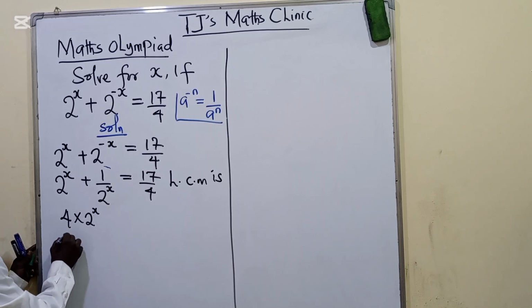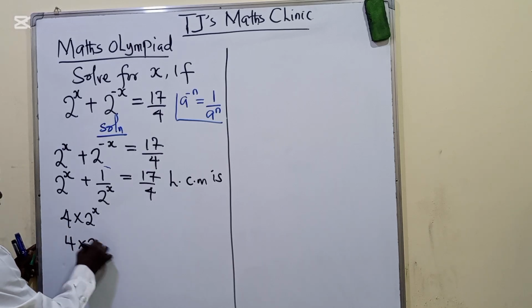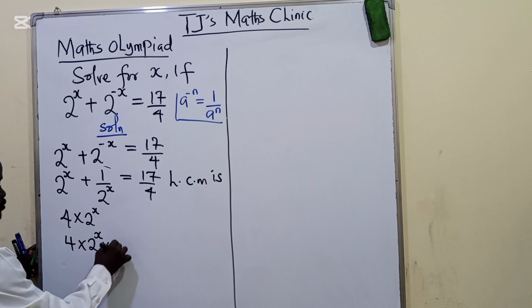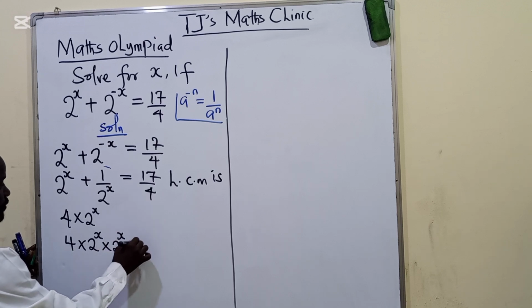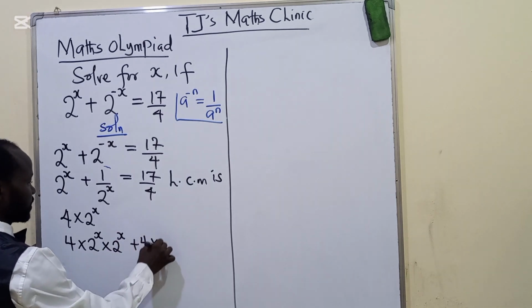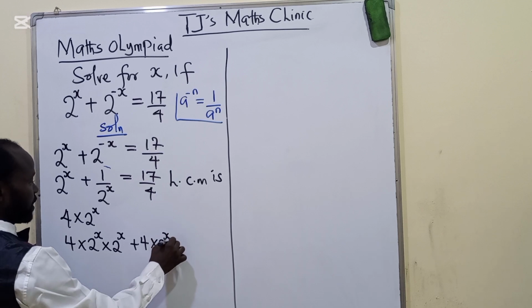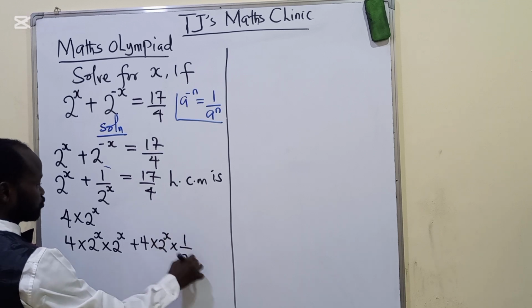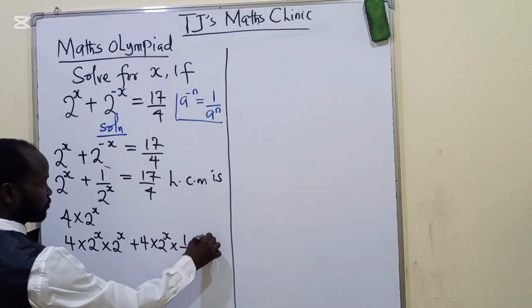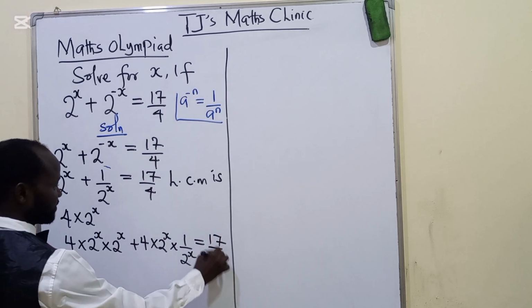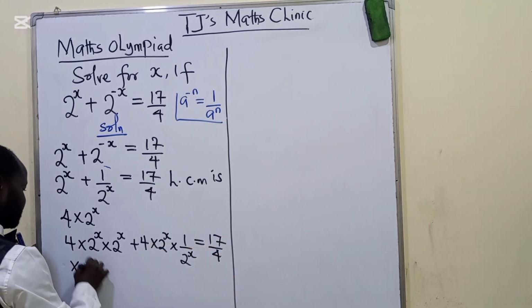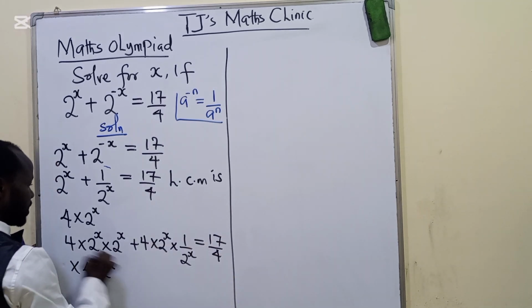This will now be 4 times 2 power x multiplied by 2 power x, plus the LCM 4 times 2 power x multiplied by 1 divided by 2 power x, equals 17 divided by 4 multiplied by the LCM 4 times 2 power x.